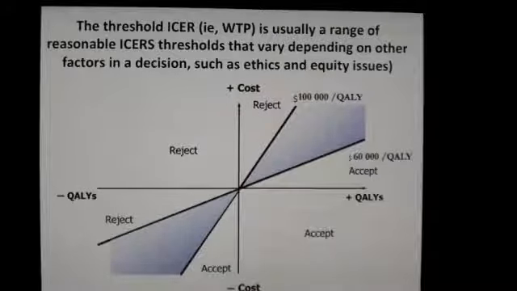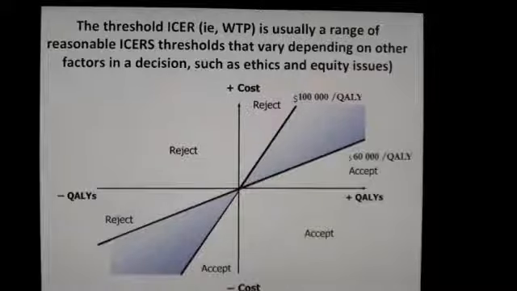Inherent in the costs are all the resource considerations, direct and indirect costs, short-term and long-term, whatever costs are induced by the options at hand. In the delta E are all of the effects that are measurable.